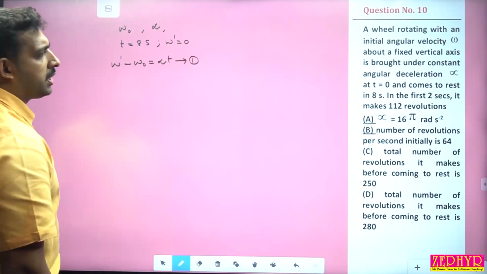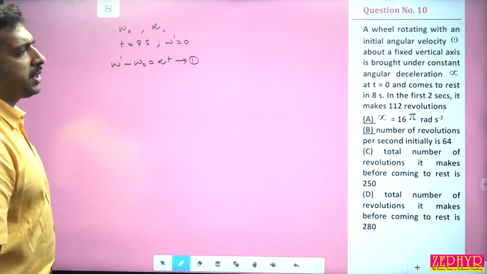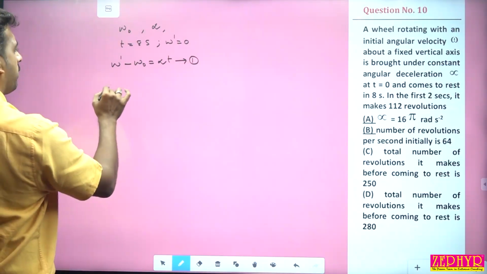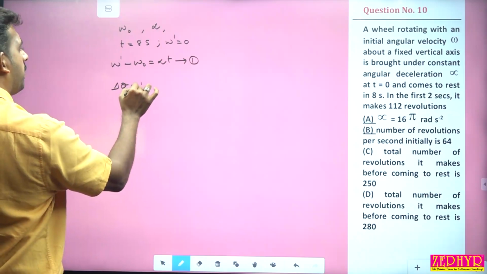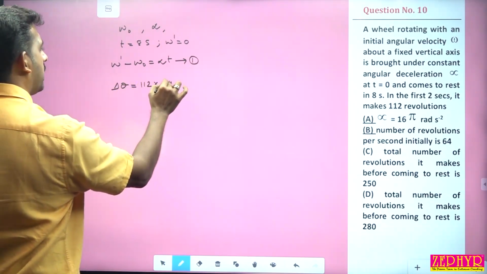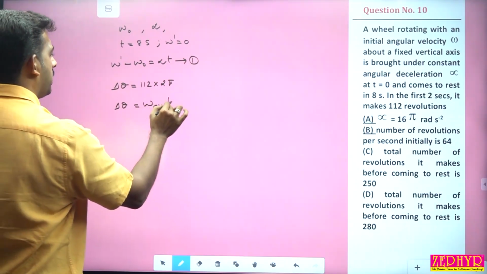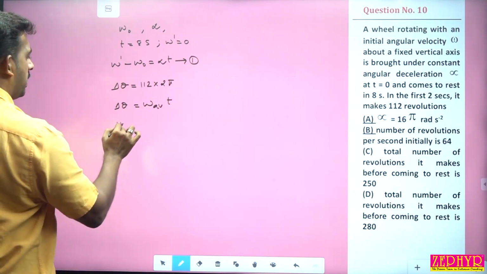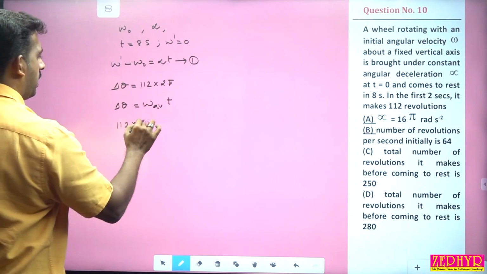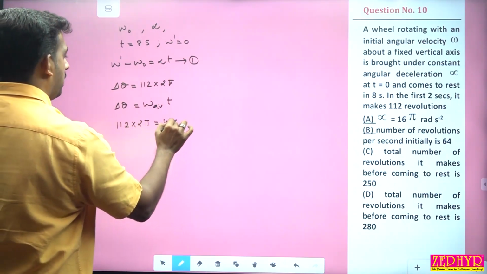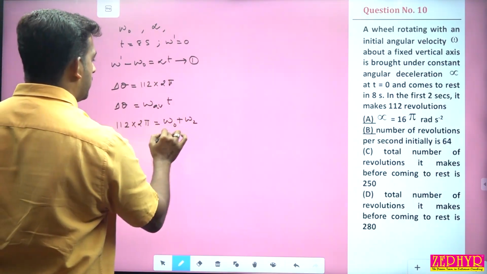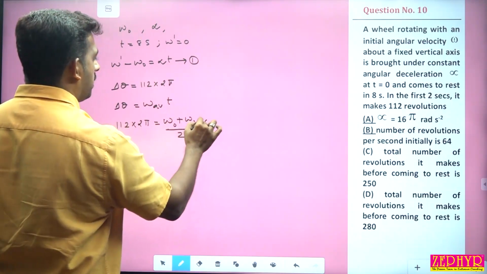Then it is given in the question that in the first 2 seconds it makes 112 revolutions. So what is delta theta? 112 into 2 pi, right? So displacement delta theta is equal to average angular velocity into time taken. Delta theta is 112 into 2 pi. Average angular velocity is (omega naught plus omega 2) divided by 2, into how many seconds?